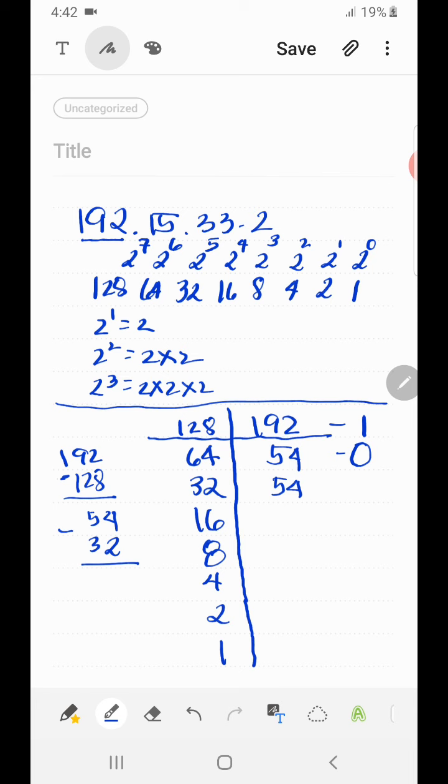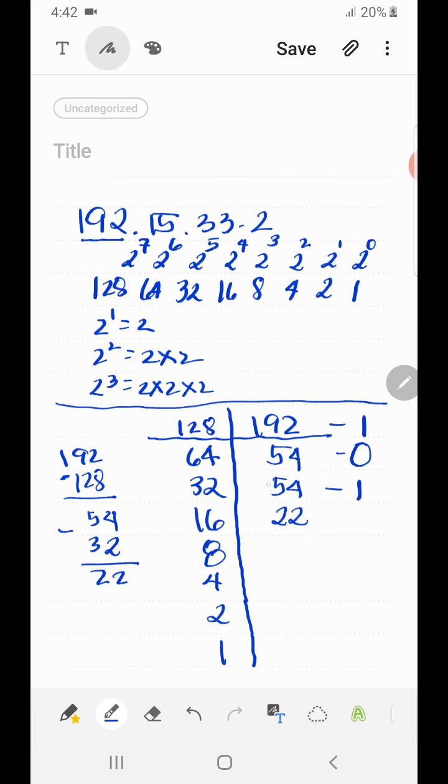So the answer would be 22. Okay, and we have one group of 32 in this 54. Then we subtract 32, we have 22.